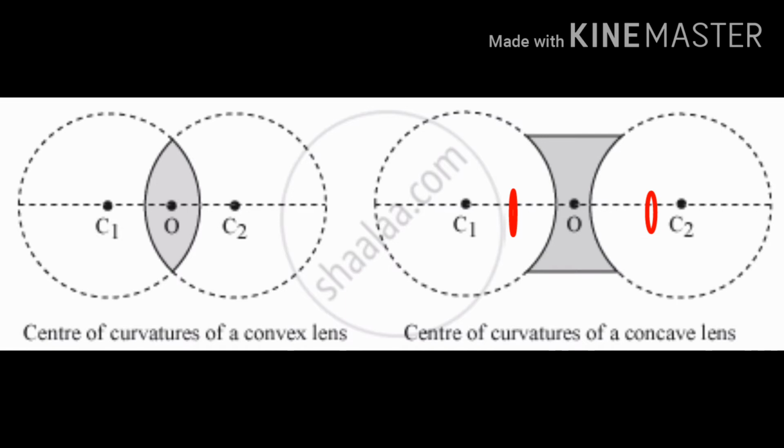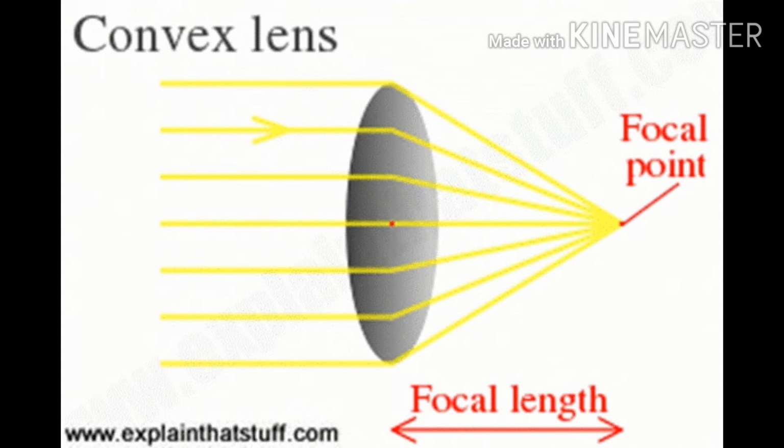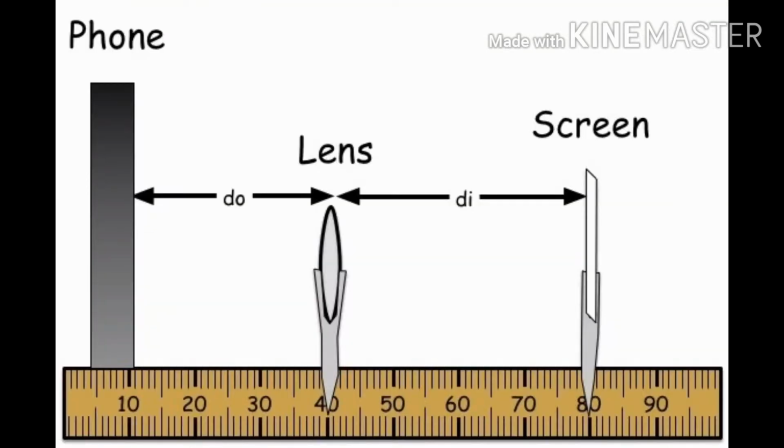Now we'll learn what is focal length. The distance between the optical center and principal focus of a lens is called focal length. We can find the focal length of a convex or concave lens by a simple experiment. Keeping the position of the screen fixed, obtain a clear image of a distant object like a tree, a pole or a building with the help of the lens on the screen.